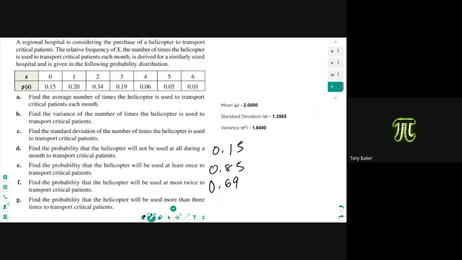What's the probability that the helicopter will be used more than 3 times to transport the patients? 0.12. Since it says more than 3, we're not looking at the 3. We're just doing the 4, 5, and 6. Good.